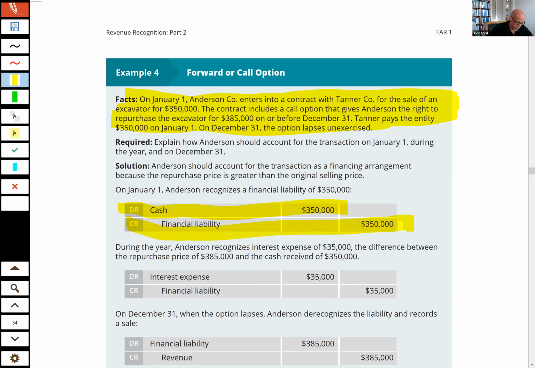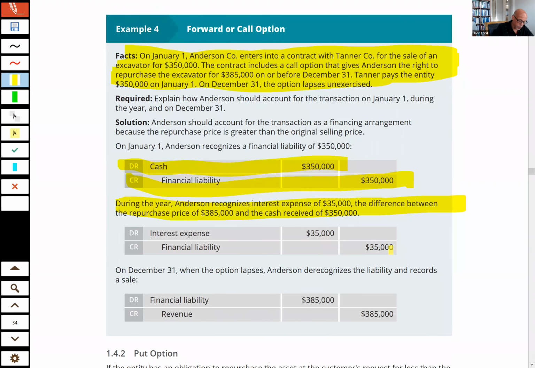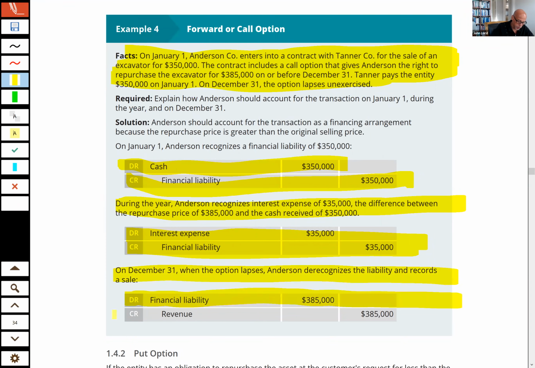Then what happens? During the year, Anderson recognizes interest expense of $35,000. That's the difference between what they would have to repurchase it for and the original money that they got. Then the contract expires and they don't repurchase it.